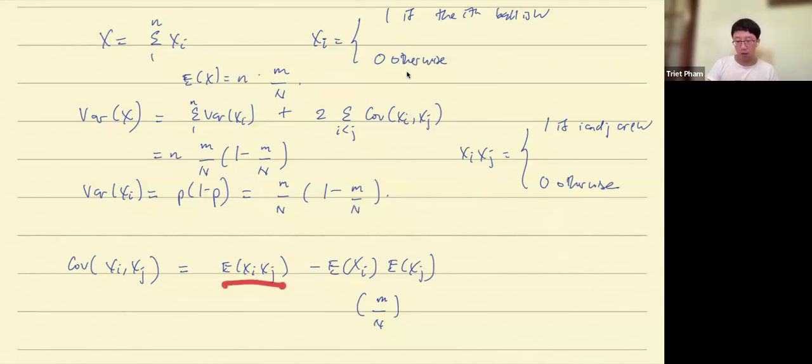So the expectation of a product here will just be the probability that you get both i and j to be white, which is what? Well, we can do conditioning. Basically, first the i must be white, and then the j must be white, conditioned on i being white, which is m minus 1 over n minus 1. Sorry, this is squared here.